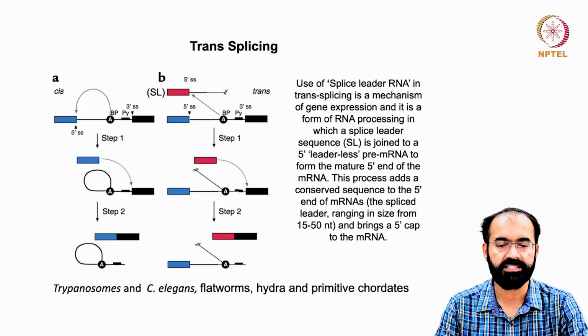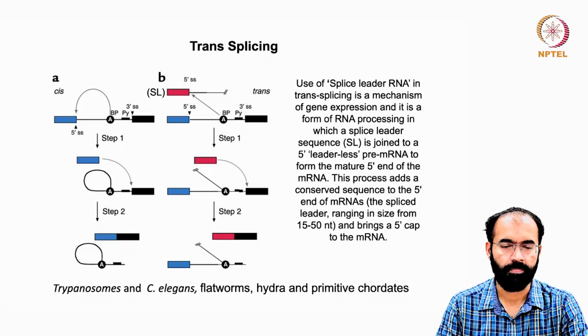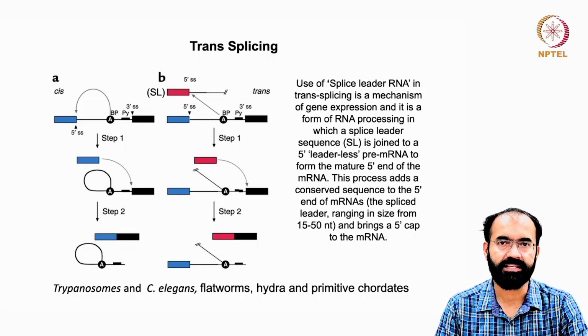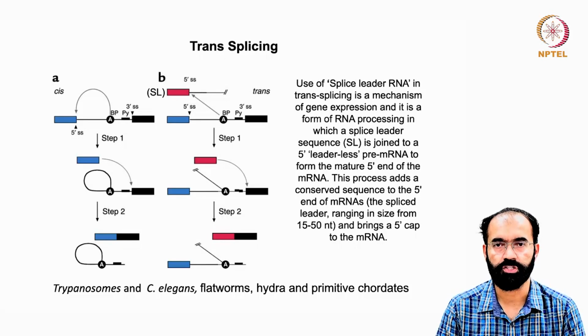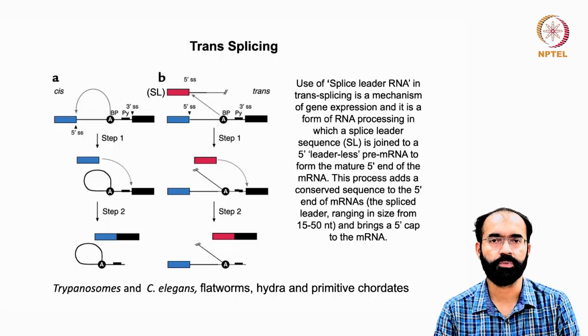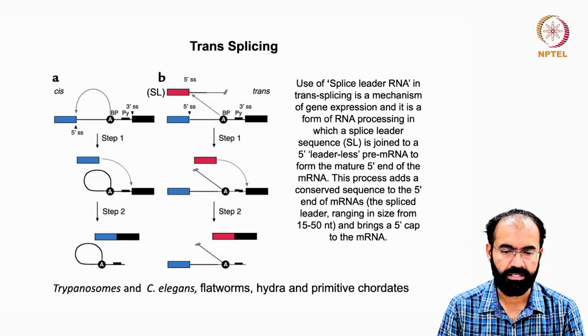In the previous class we were discussing trans-splicing. As the name itself indicates, it is splicing onto another exon, which is not similar to the cis splicing that normally occurs in group 1, group 2 and also the regular splicing.